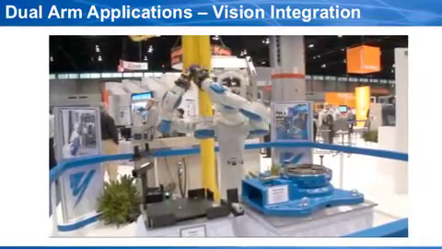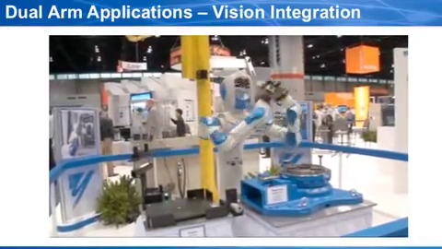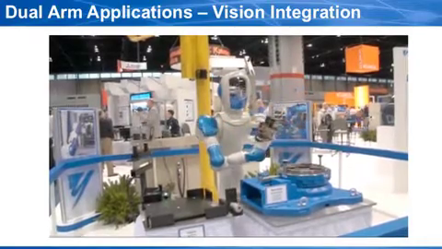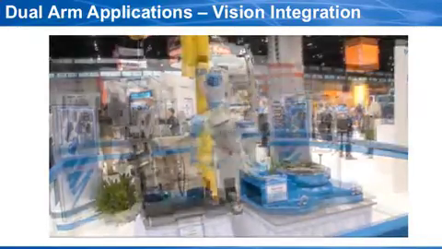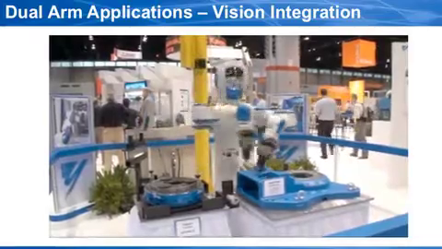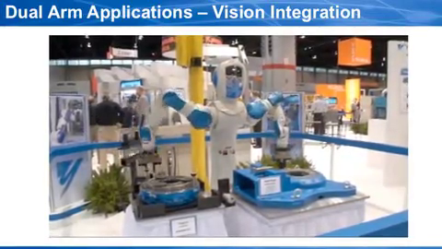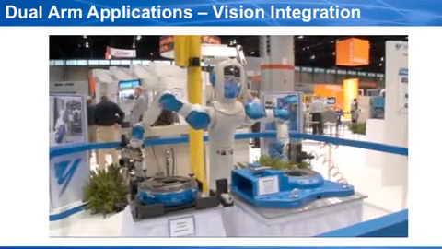We need vision. So what you're seeing here is a dual-arm robot performing an assembly task. But as part of this assembly task, it needs to recognize where that drive assembly is in space. So we're using a vision camera.